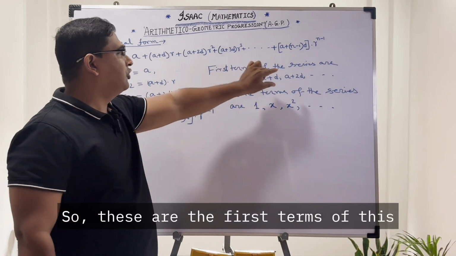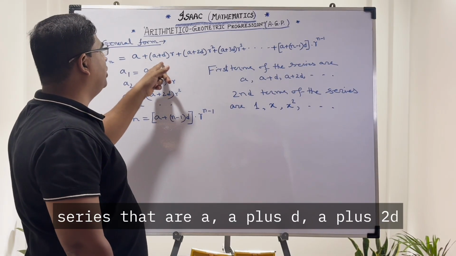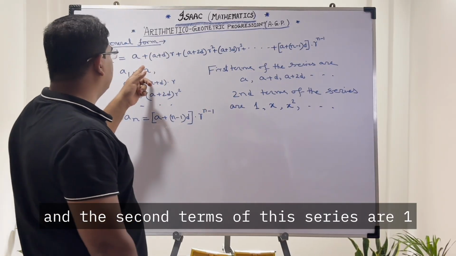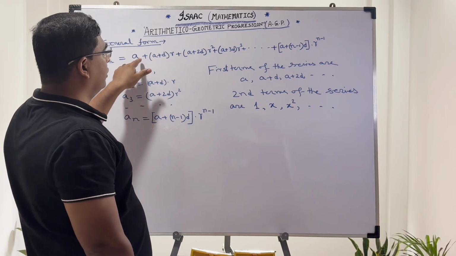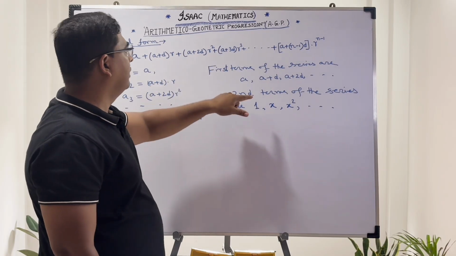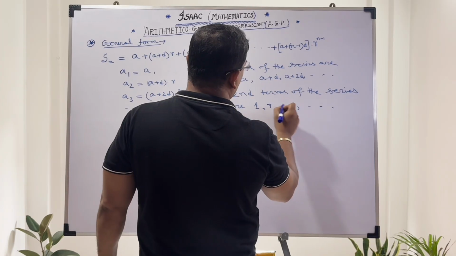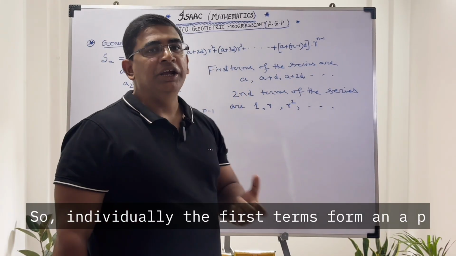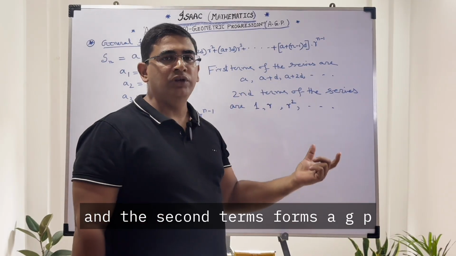So, these are the first parts of this series, that are a plus d, a plus 2d, a plus 3d, continuing, and the second parts of this series are 1, r, r square, continuing. So individually the first parts form an AP and the second parts form a GP.